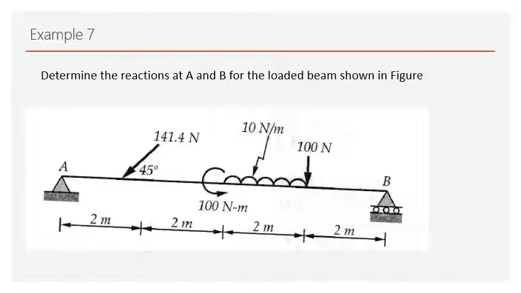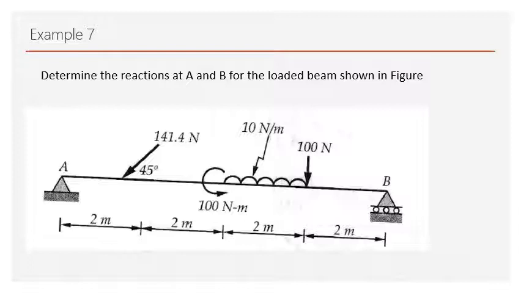Here we have one inclined point load 141.4 kilonewton, a couple moment of 100 Newton meter, and a UDL of 10 Newton per meter for a length of 2 meter, and at the end of the UDL a 100 Newton point force. So four kinds of loadings are there on the beam.